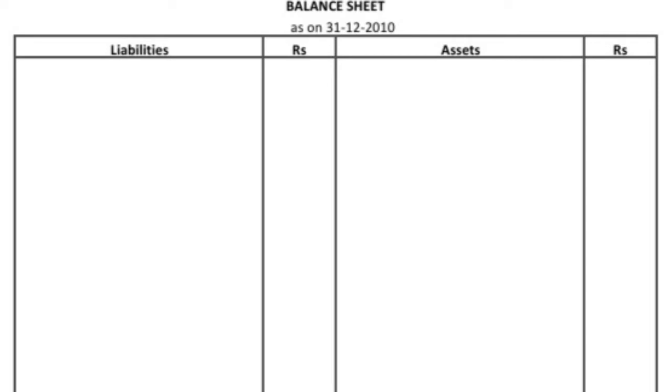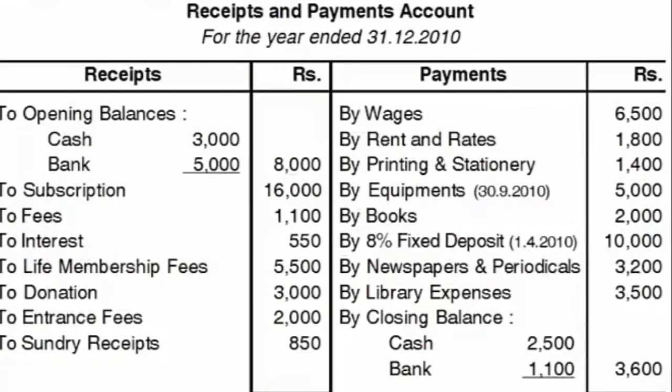Closing balance of cash and bank we will enter in asset side, cash 2,500, bank 1,100. Here both cash balance and bank balance we adjusted or recorded. Balance brought down in previous year balance sheet and balance carried down in current year balance sheet. Now all entries in between balance brought down and balance carried down we need to post.